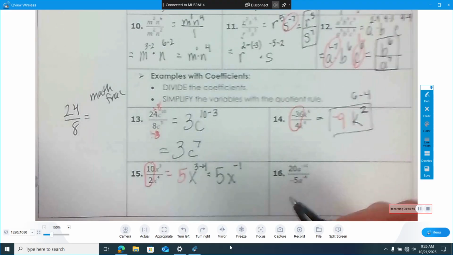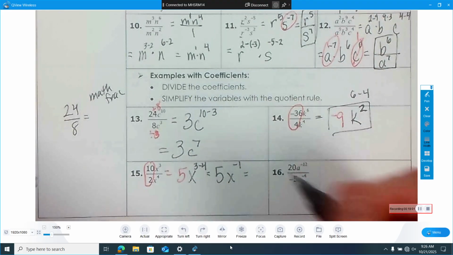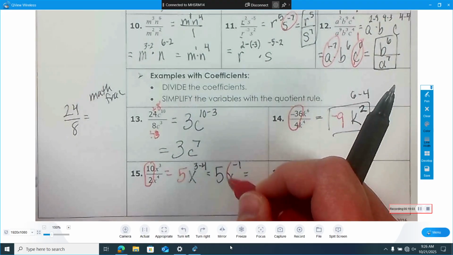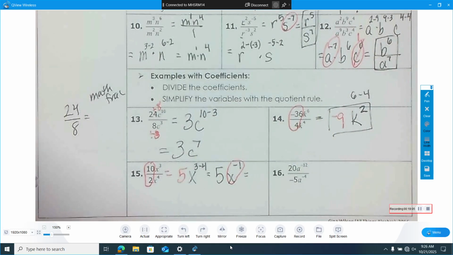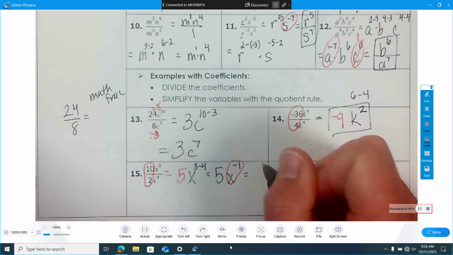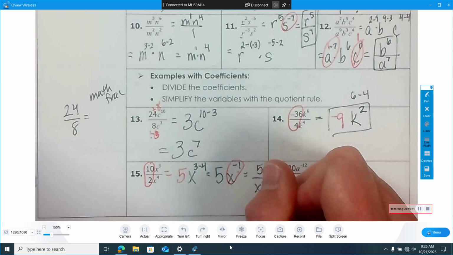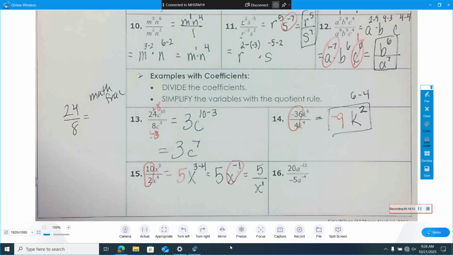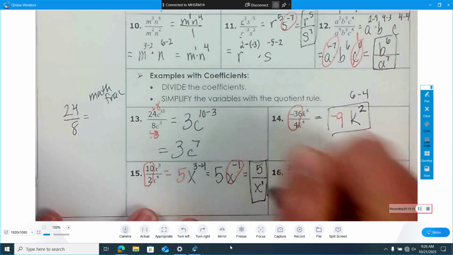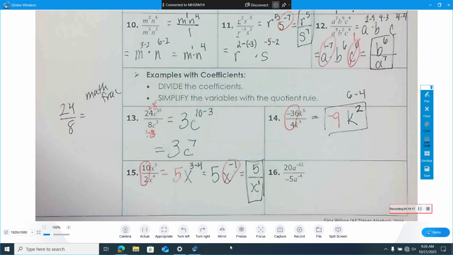But he's unhappy, so it becomes... Is the 5 happy? Yes, the 5 is happy. So the 5 stays in the numerator, but x to the 1st wants to go in the denominator. So 5 over x to the 1st. Okay. How are you feeling about this? Good? Is it too easy?